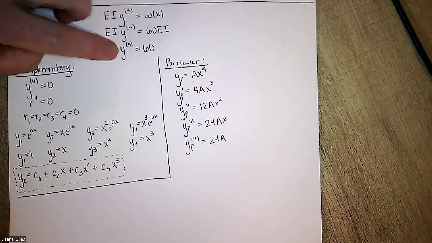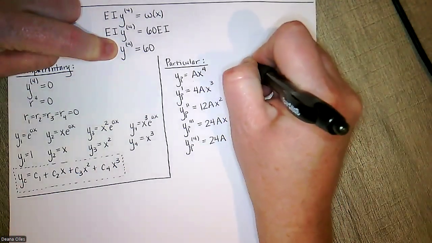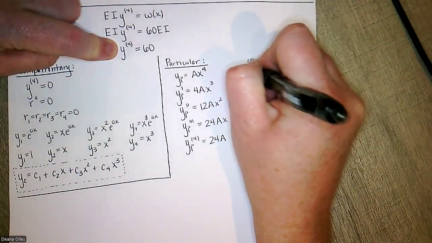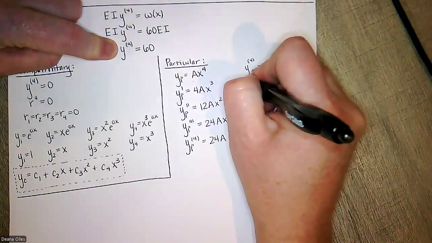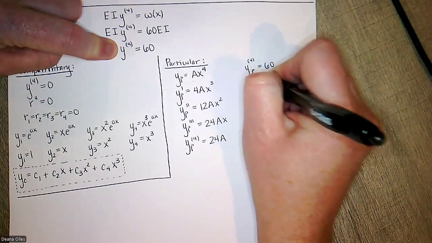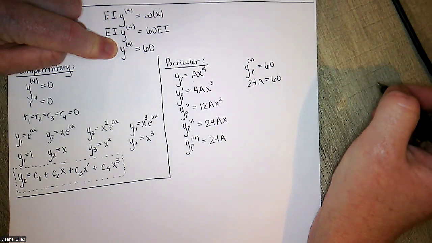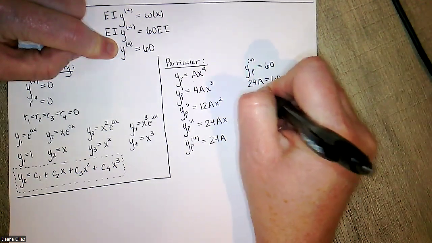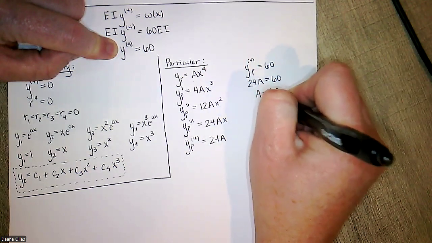So then what I need to do is put that into my differential equation. So the fourth derivative of yp needs to be 60. So 24a equals 60. So a should be 60 divided by 24.